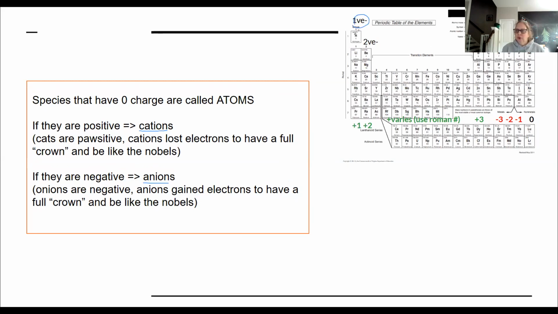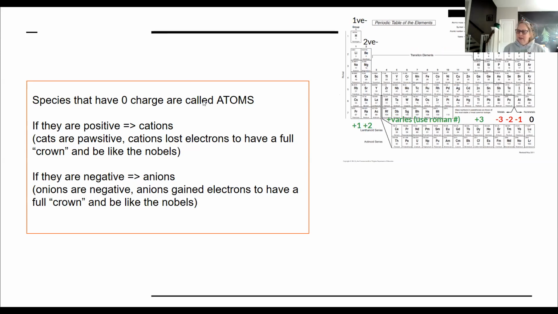If we lose one electron, we become more positive. Why? Electrons are negative. So in group 2, we have 2 valence electrons, and if we lose 2 negatives, then we have 2 extra positives, because we want to become like a noble gas and have only 8 valence electrons, except hydrogen and helium can only have 2.